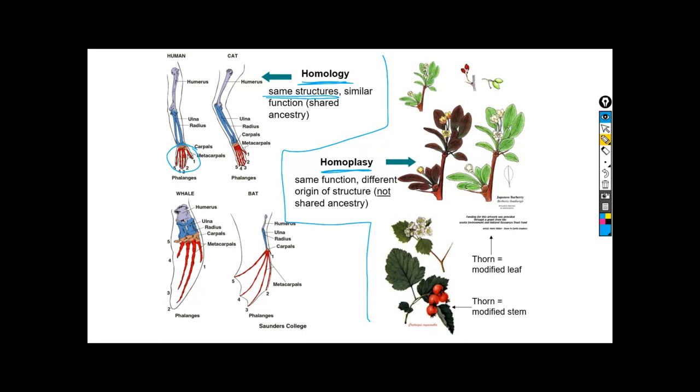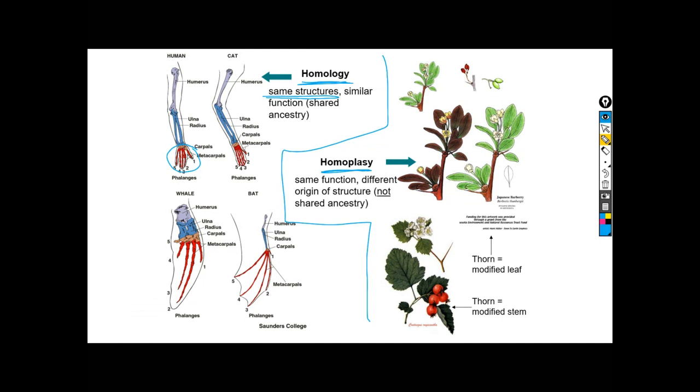There are instances where things look or act the same, but are not actually the same. The example I have up here is two different plants that both have thorns on them. Both look the same, and they're certainly going to act the same.